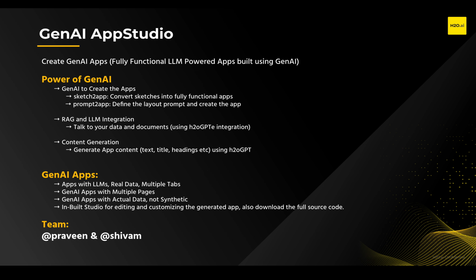So generated apps, not only will they have data, documents, visuals, and different components, but they will also have an LLM inside that app that can be used to perform RAG, that can be used for the scenarios of talk to your data, talk to your documents, talk to your models, or talk open-ended questions, perform information retrieval, perform any general QA, interact with that bot, interact with that LLM. So an LLM inside the generated app is one of the other ways in which GenAI App Studio offers the power of GenAI.